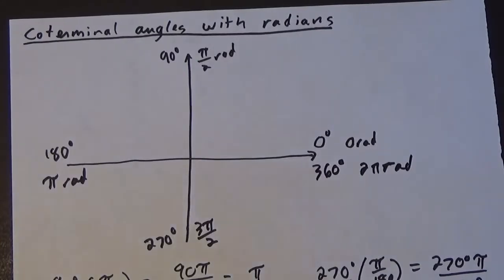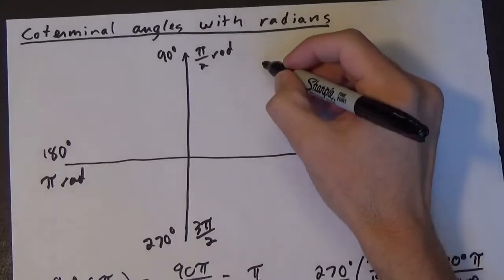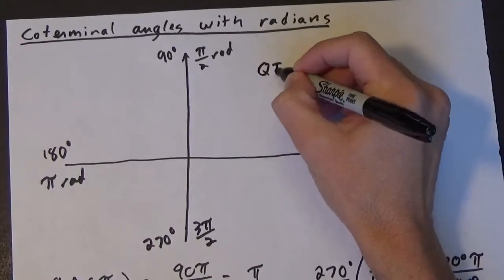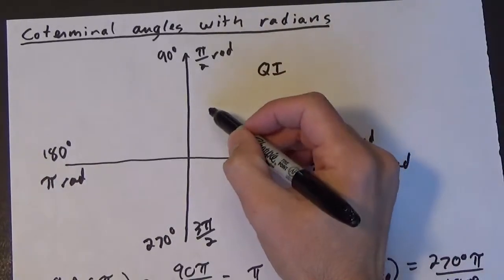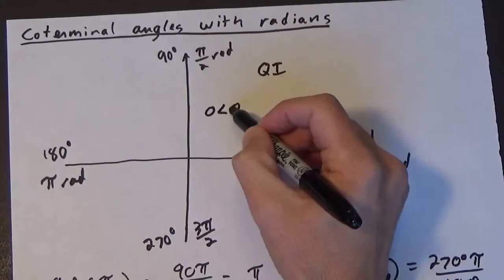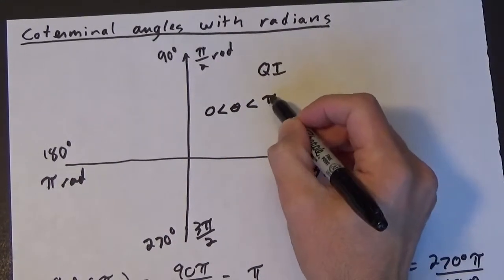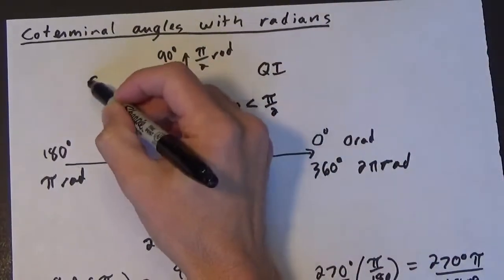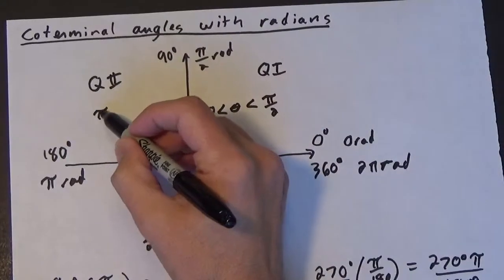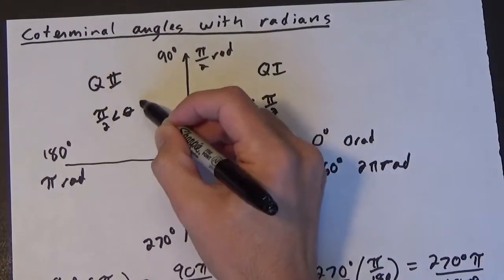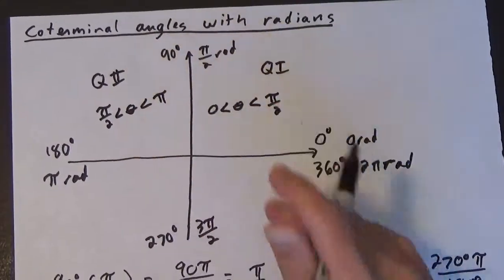Good. So when we're in quadrant 1, that means our angle measure is somewhere between 0 and pi over 2, so 0 is less than theta, which is less than pi over 2. When we're in quadrant 2, our angle measure is somewhere between pi over 2 and pi.